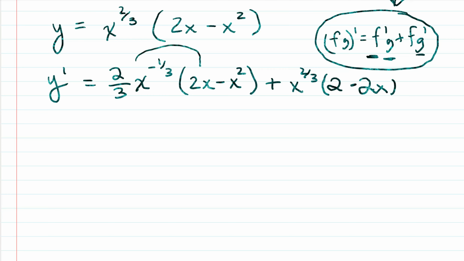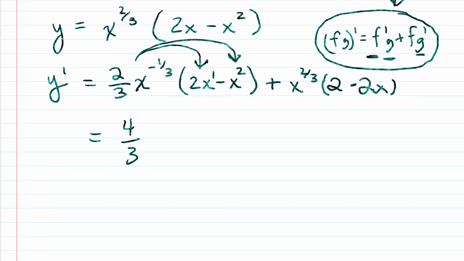Now what we can do is to clean things up a bit. What I would do next is go ahead and distribute that 2/3 x to the negative 1/3. In distributing that, 2/3 times 2, we'll get 4/3. x to the negative 1/3 times the x to the first power. x to the first power is like saying x to the 3/3 power, because we have to rewrite the 1 as a fraction.